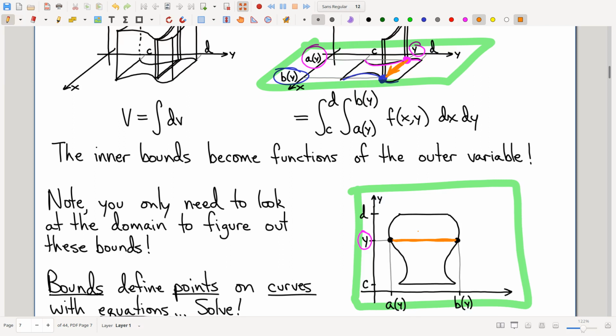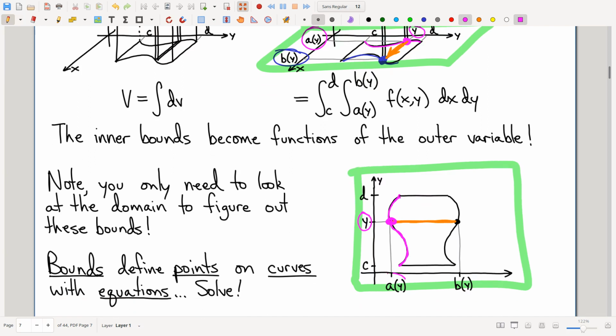All I need from this picture is to know, where's my lower bound, where's my upper bound? And I can see those right here, because the lower bound is still going to come from this point on this curve, which has some equation which I can solve to get the bound that I'm interested in. And then likewise, the upper bound is determined by that point.